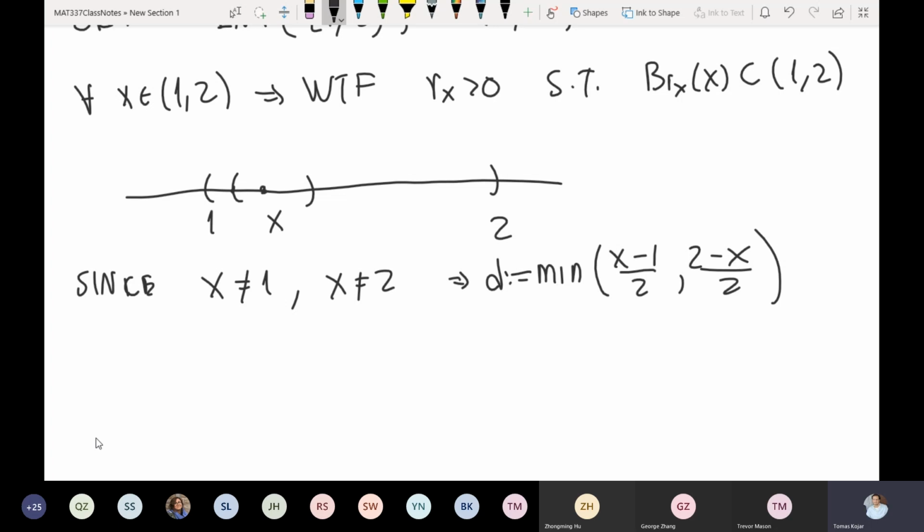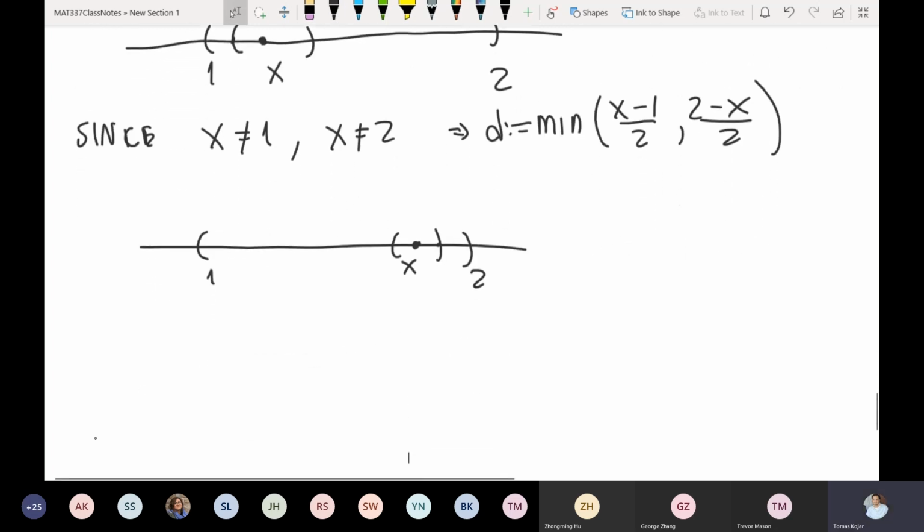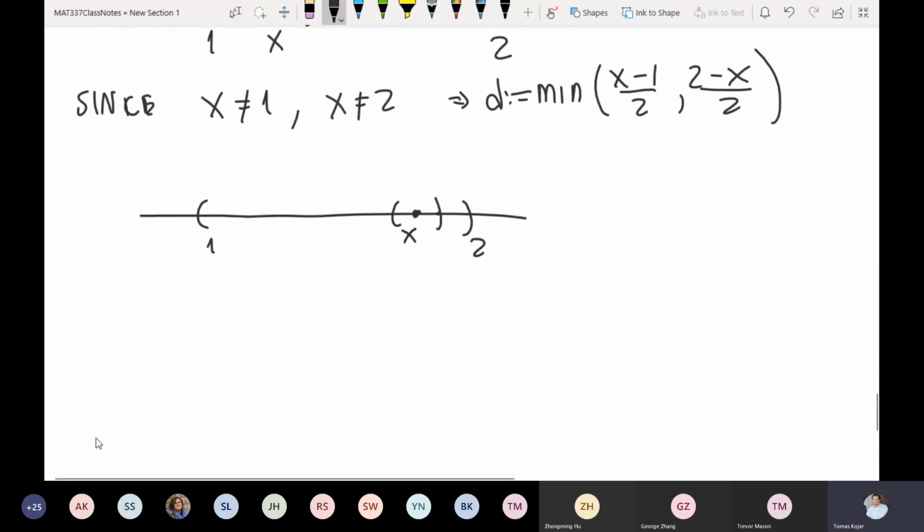It will be this guy because you're closer to 1. But if you were closer to 2, something like this, then this is the one. So you let this be the distance, and then the ball B_d(x) is fully contained in (1, 2).